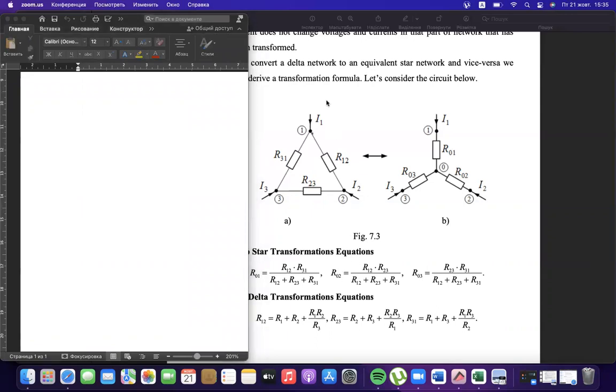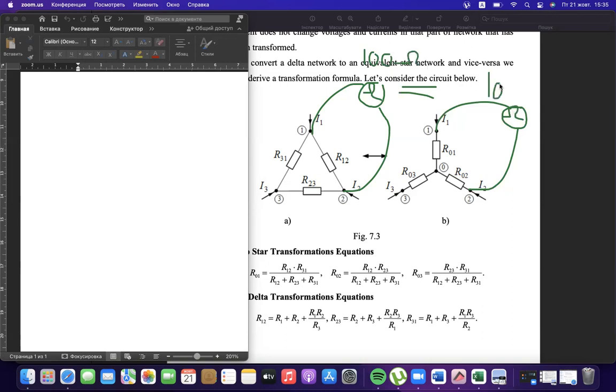If you are connecting some measurement device, some ohmmeter, to the same points, the ohmmeter should show you the same value. If it shows you, for example, 100 ohms in the first case, it should show you the same 100 ohms in the second case. How does this ohmmeter work?